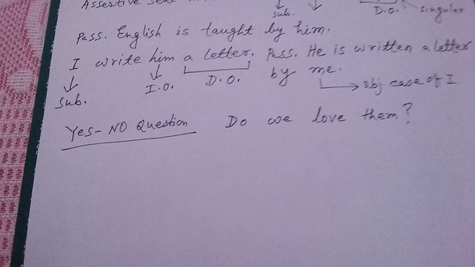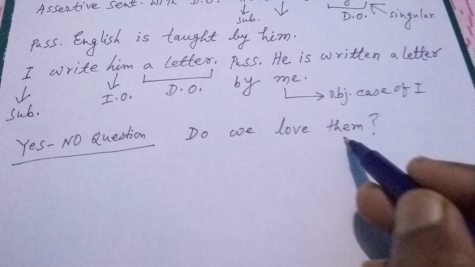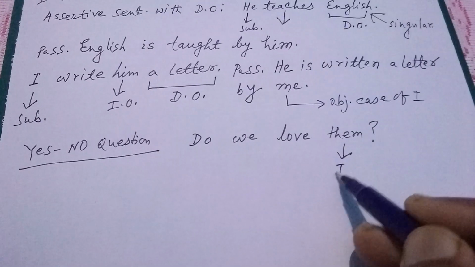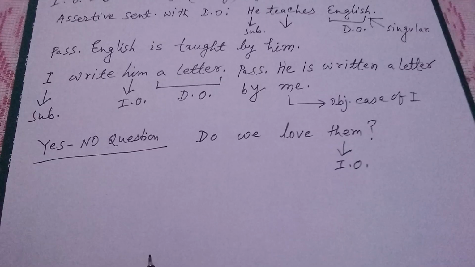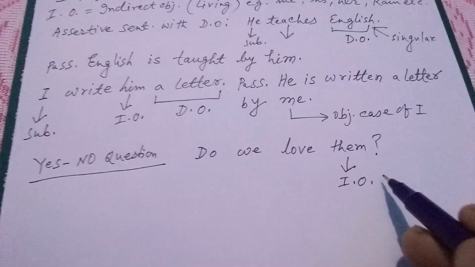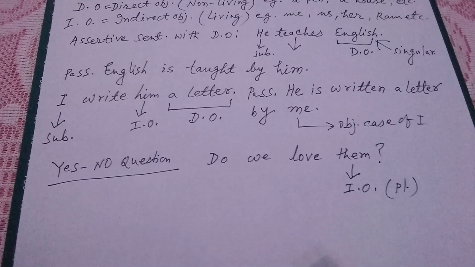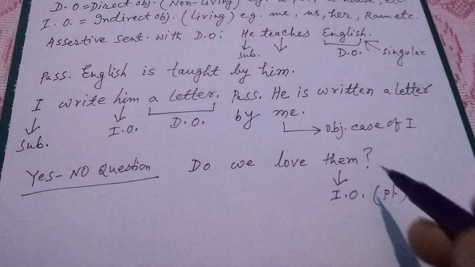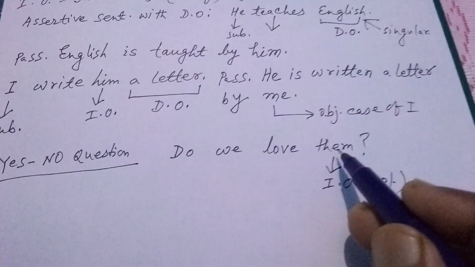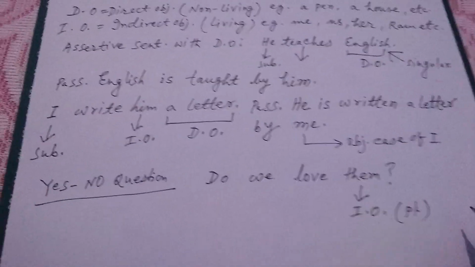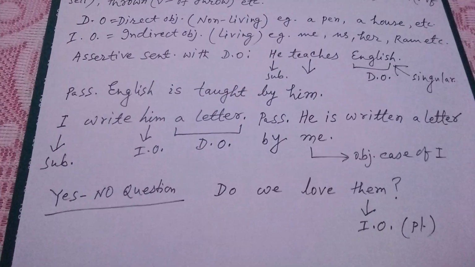Question mark. Now you see, them is here indirect object. It is plural and it is made from they, and they is plural. That's why with they we are using are.